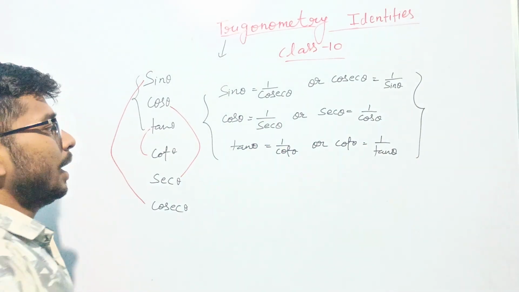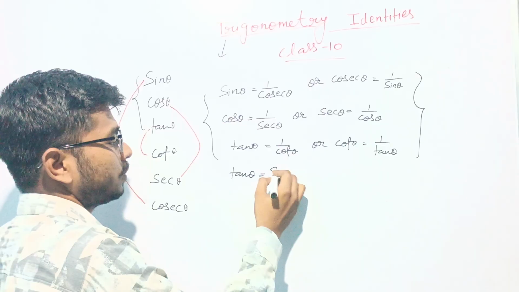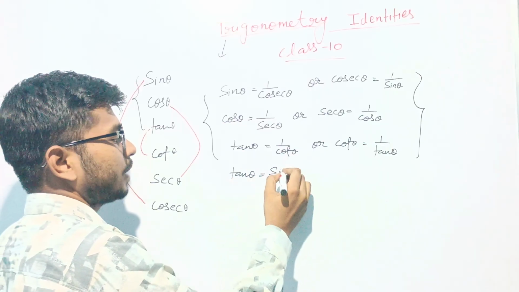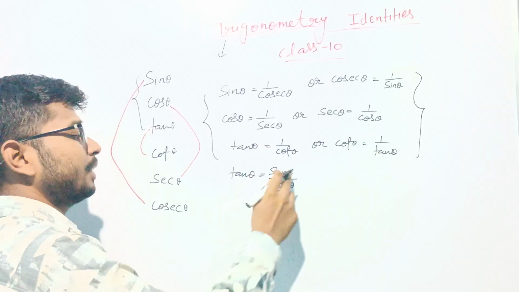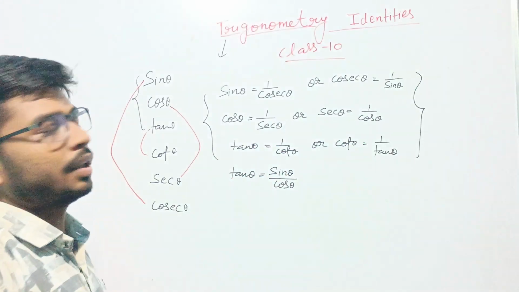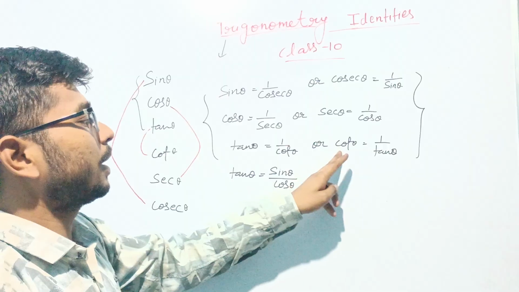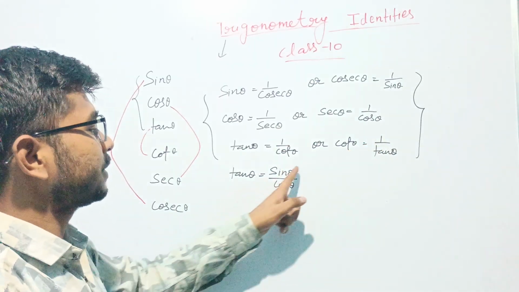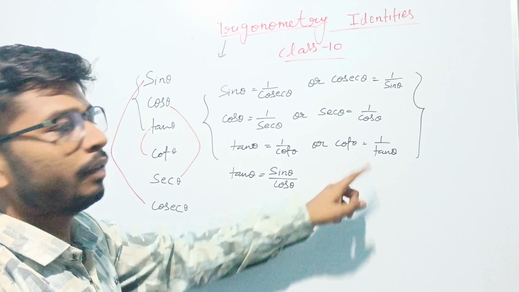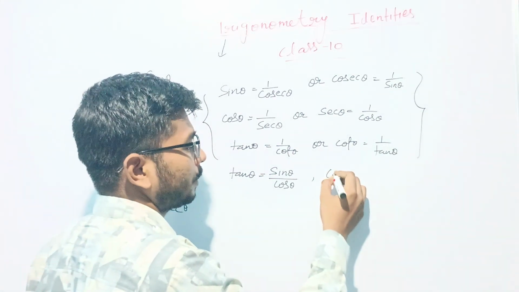Another formula: tan theta is equal to sine theta upon cos theta. Okay, so we know tan theta is 1 upon cot theta, or cot theta is 1 upon tan theta. So when tan theta is sine upon cos, cot theta will be cos upon sine.